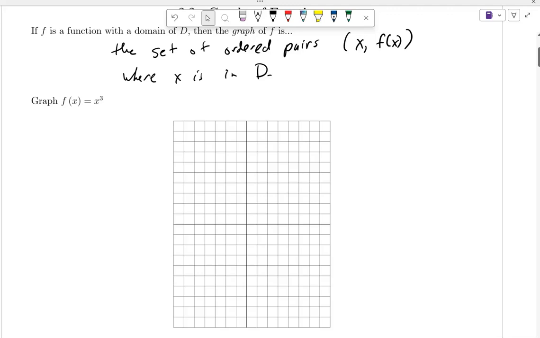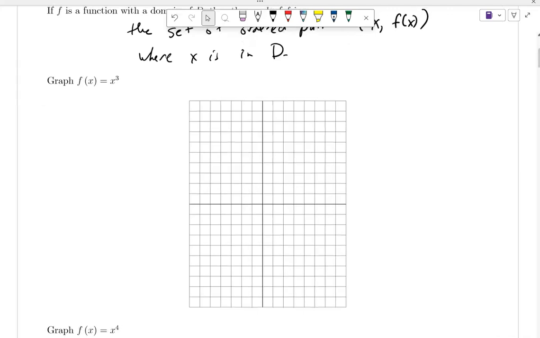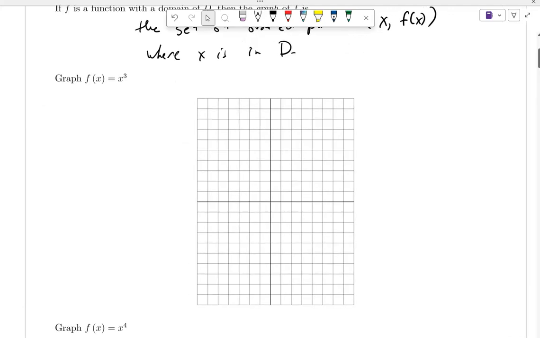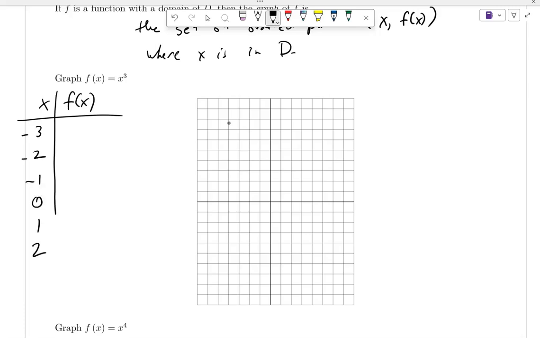We're just going to pick some values for x, plug them in, get some values out for y, and plot some points. So we'll start making a list of points here. Pick some negatives, pick some positives. So I'll do -3, -2, -1, 0, 1, 2, 3.